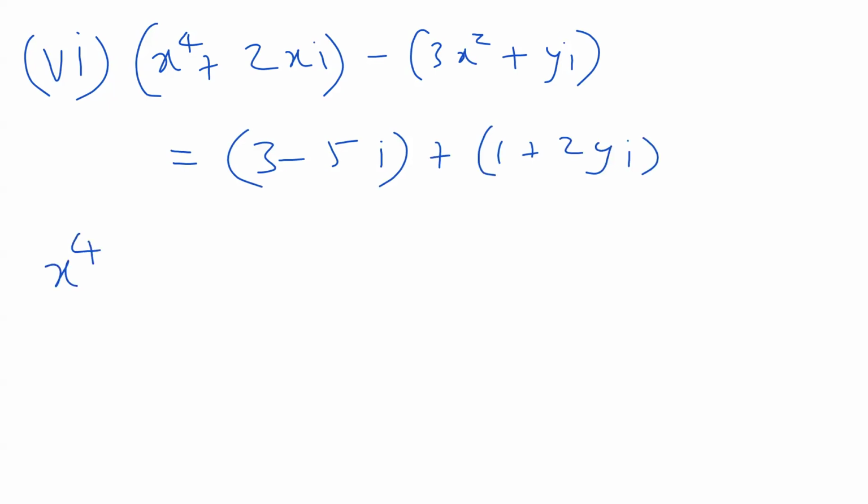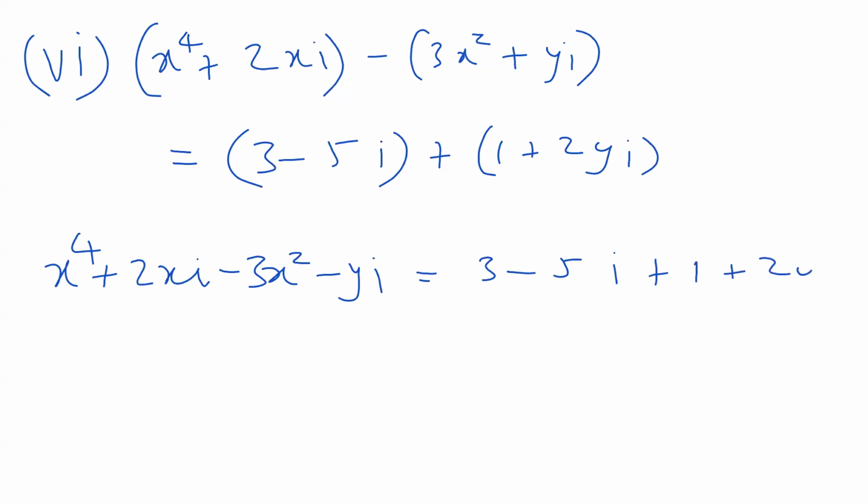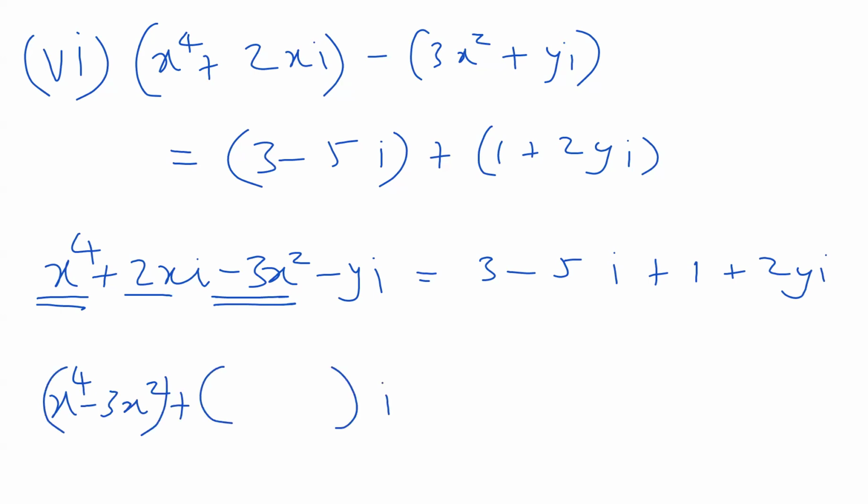So x⁴, I'll open the bracket, 2xi - 3x² - yi... equal to 3 plus 1 plus 2yi. Now x⁴ - 3x² will be clubbed together plus bracket into i. So the bracket will have 2x - y. I took i common. Now 3 and 1 will be clubbed together. So this will be 4.